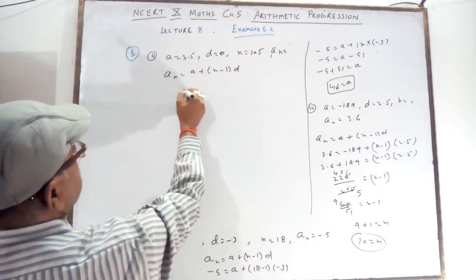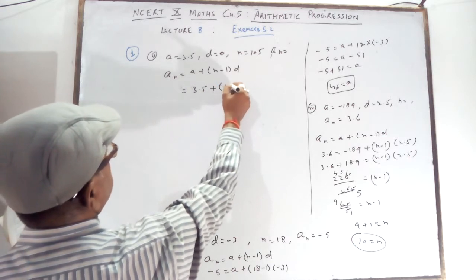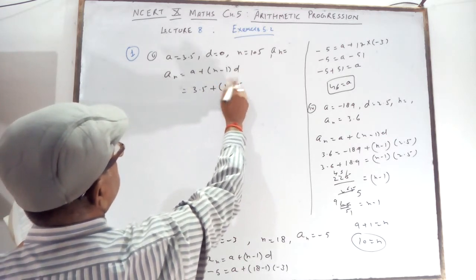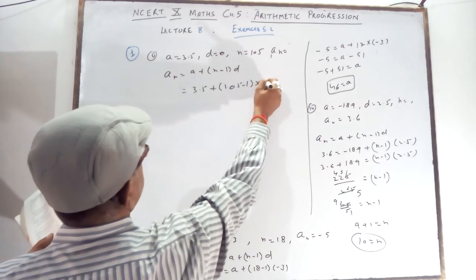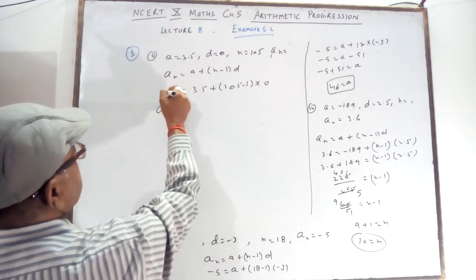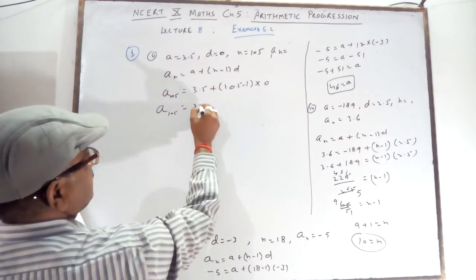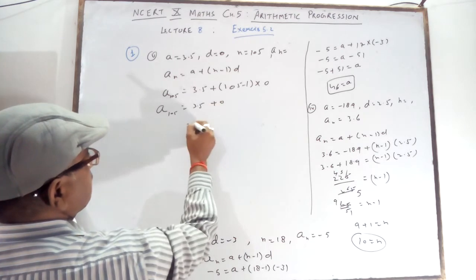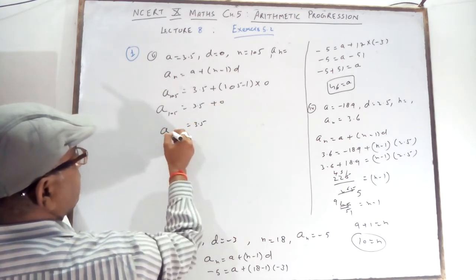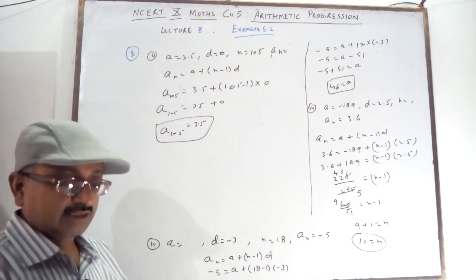A is given 3.5 plus 105 minus 1 into 0. So what is your answer? a105 means an. 3.5 plus 0 gives you 3.5. a105 is 3.5. Here directly given.